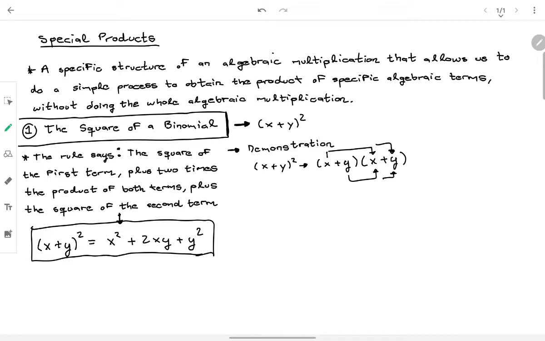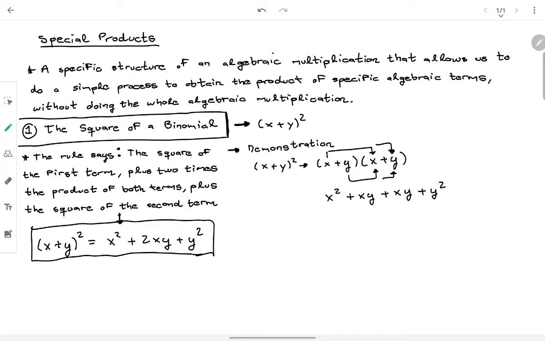So it will be x times x, it's going to be x squared. Then x multiplied by y, it's going to be plus xy. Then y multiplied by x, it's going to be again xy. And finally, y multiplied by y, it's going to be plus y squared.